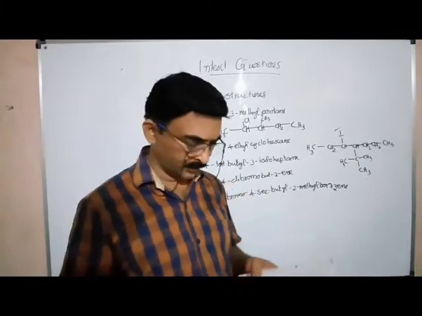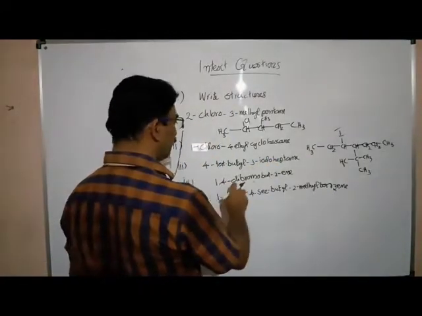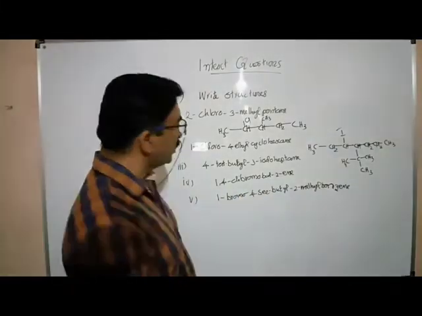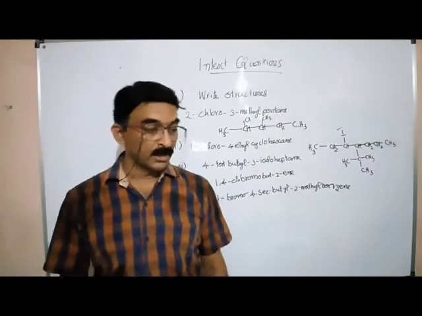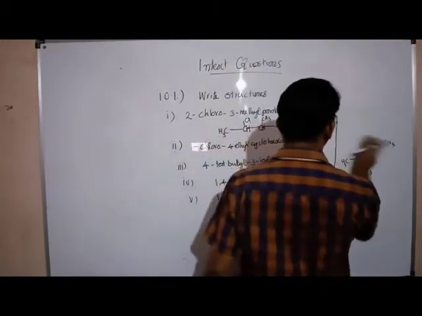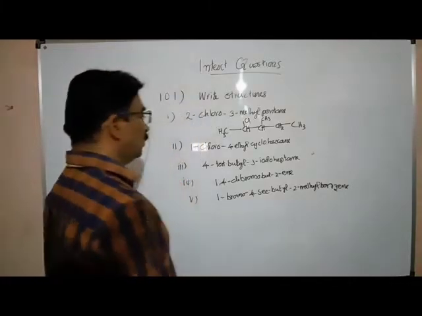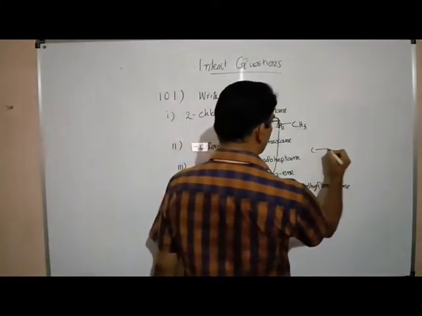Now the next one, 1,4-dibromo-but-2-ene. They haven't mentioned whether this is cis or trans, so we don't have to show that also. 1,4-dibromo-but-2-ene means we draw the carbon skeleton first.